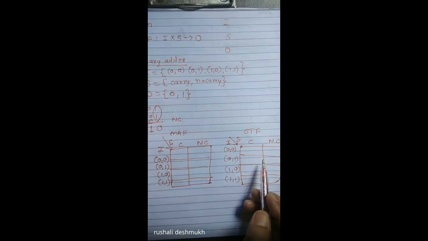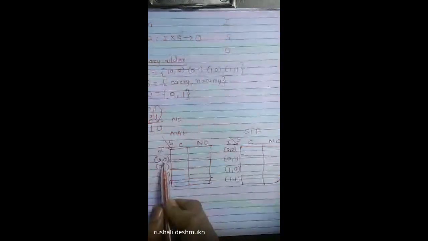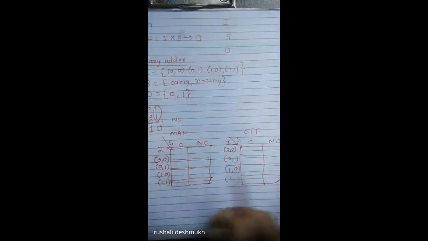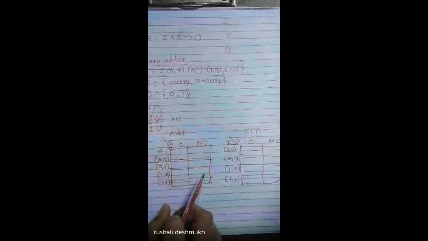So if my input is 0 0 and the current state is carry, can you tell me the output and the next state, so that simultaneously we can fill in the machine function table as well as the state transition function table? Suppose my input is 0 0 and my state is carry.